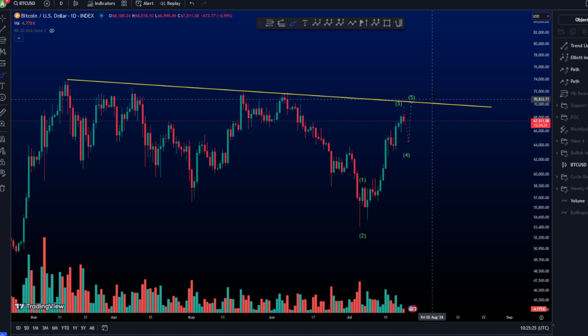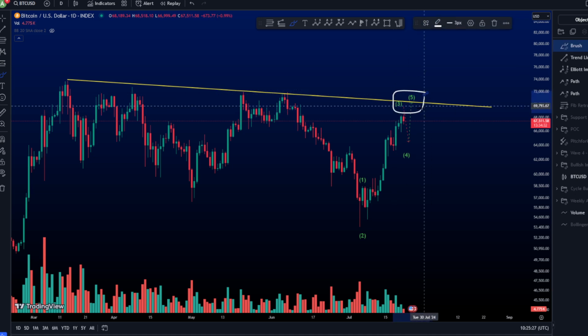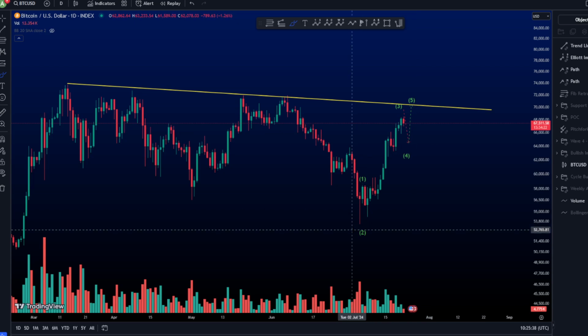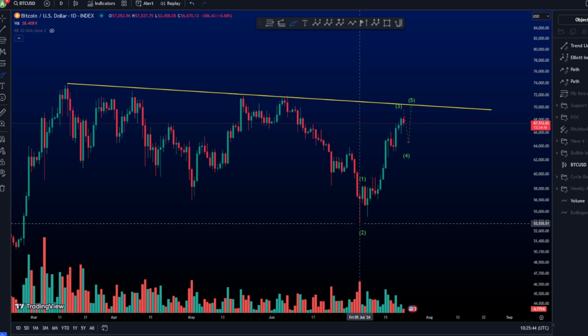However, this doesn't mean that the whole bull market has ended, all right? Because what we can expect later on, sorry for the sounds of the ambulance in the city, it's always like this.